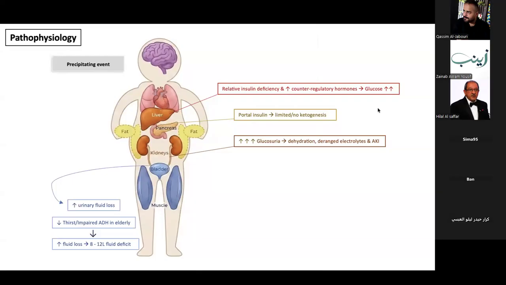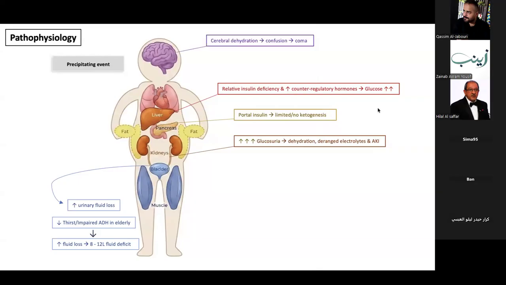This increased urinary fluid loss, alongside the impaired thirst sensation in those patients with impaired ADH secretion, which is seen in the elderly, all combined lead to massive fluid losses. At the time of presentation, those patients tend to have up to 10 liters of fluid deficit.